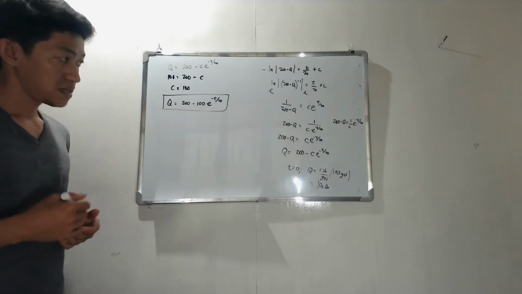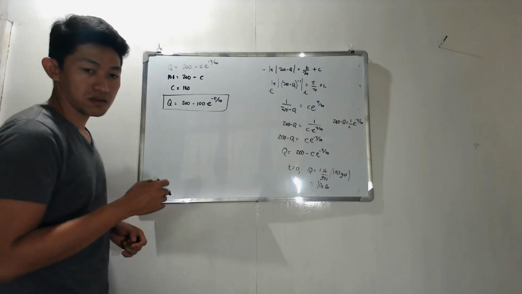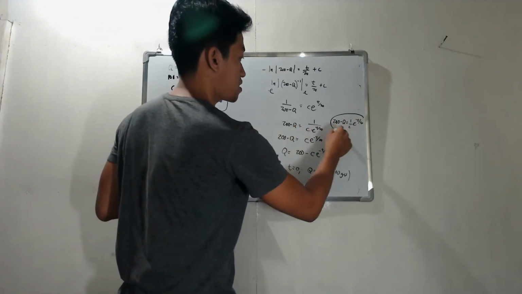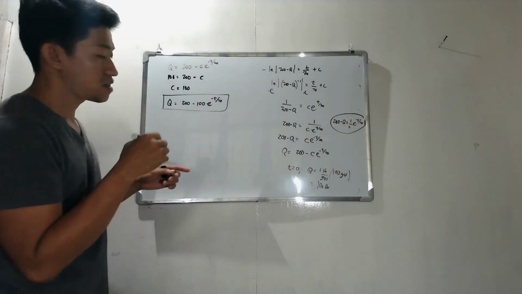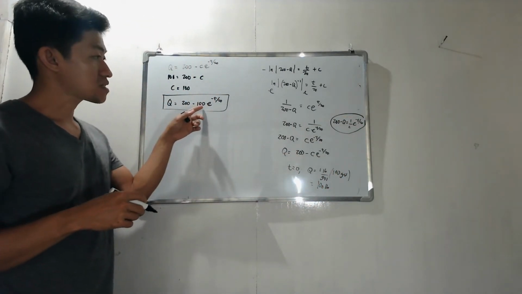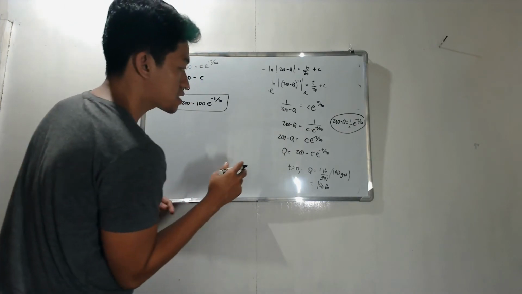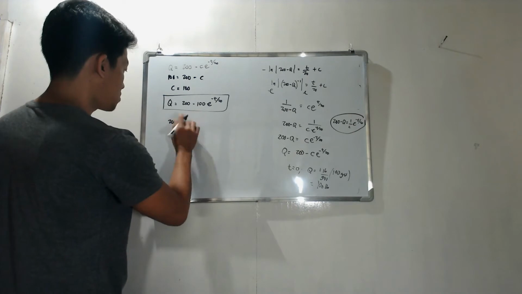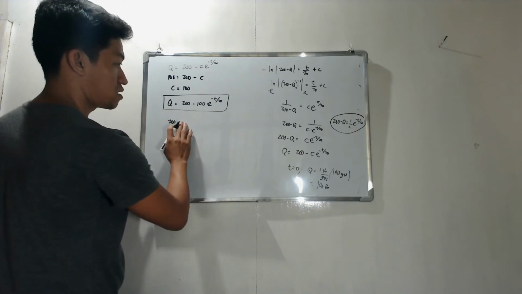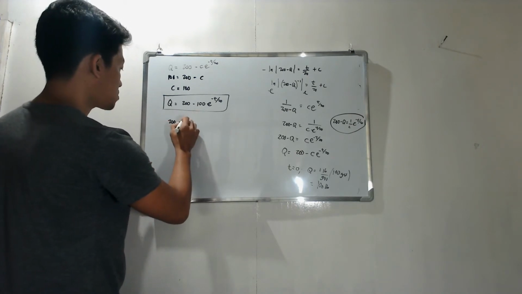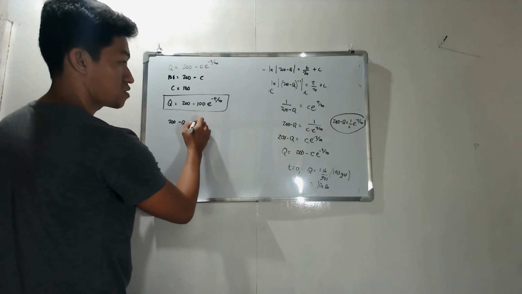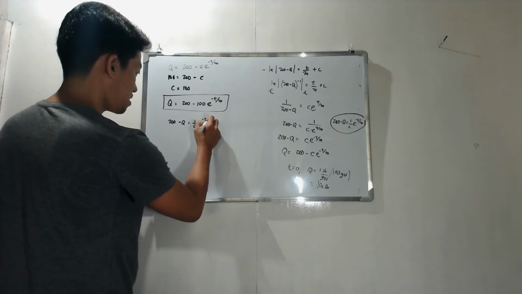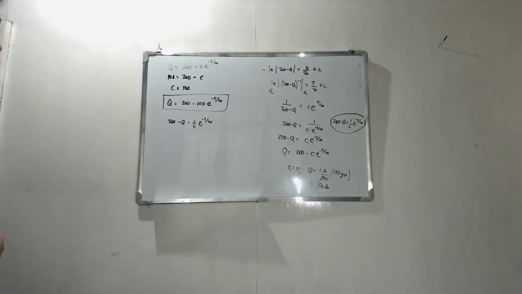Now, if we use the other equation, will we still arrive at this solution? Let's see. You have 200 minus Q is equal to 1 over C e to the negative t over 20.